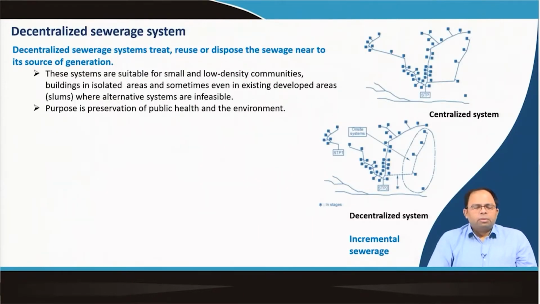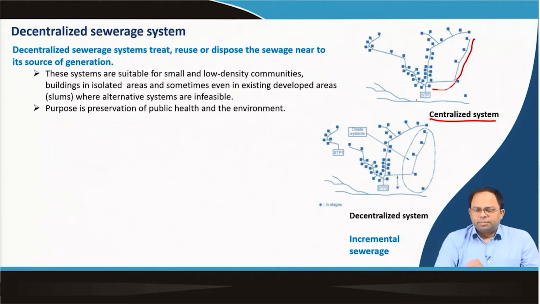So, when we talk about decentralized systems, as you can see in this particular image, the first one is a centralized system. That means we have an STP, and all the buildings in this particular area are connected via sewer lines directly to this STP. But when we talk about decentralized systems, then we can have an STP over here, because this is too far away to be connected.